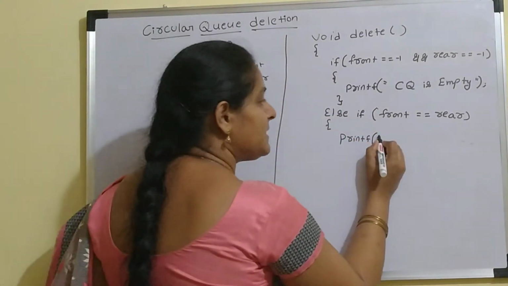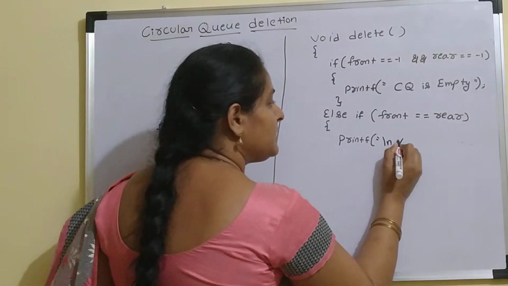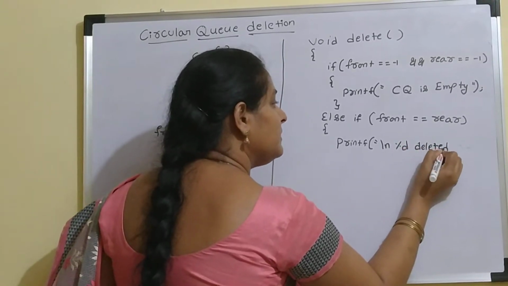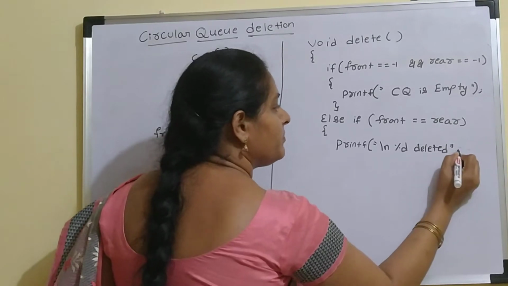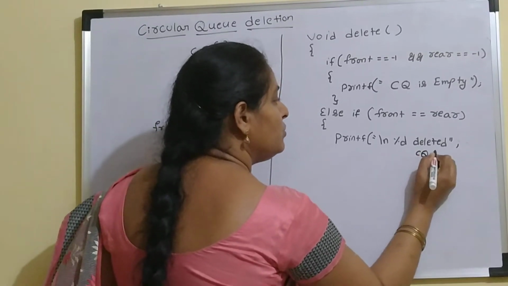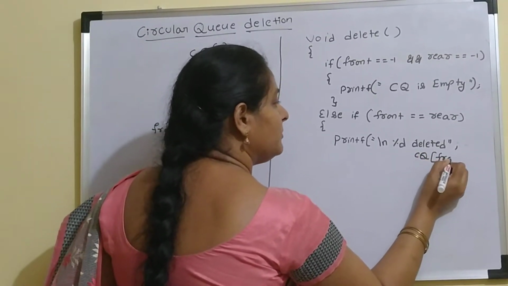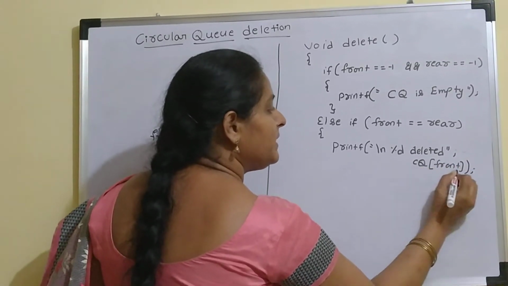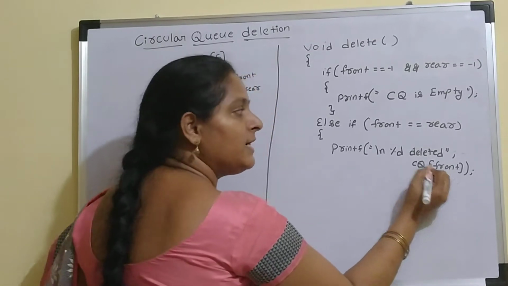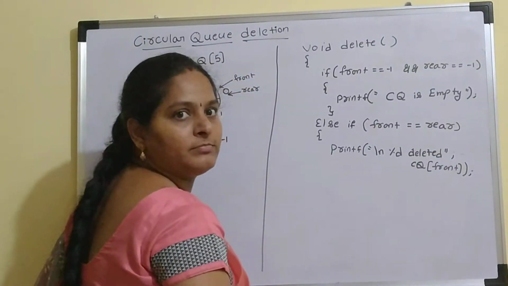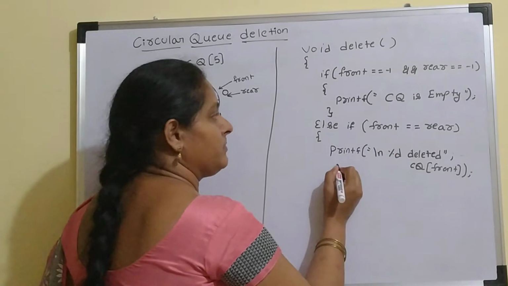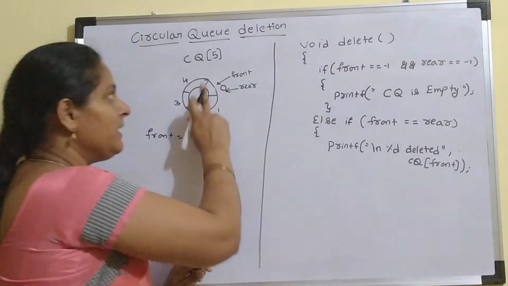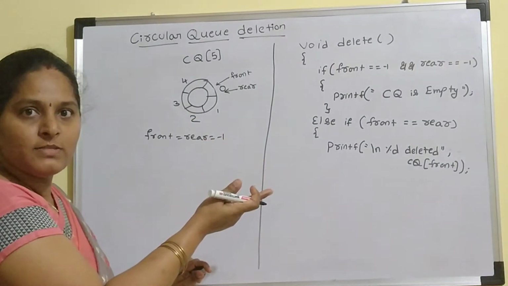Here just print the message %d deleted. Here I am writing CQ of front. That means whatever element is pointed to by the front pointer, that element is deleted. Next, after deleting that element, automatically the circular queue becomes empty, right?